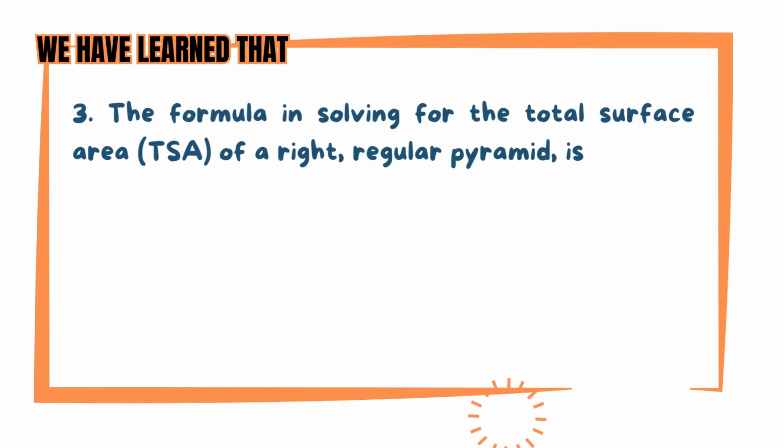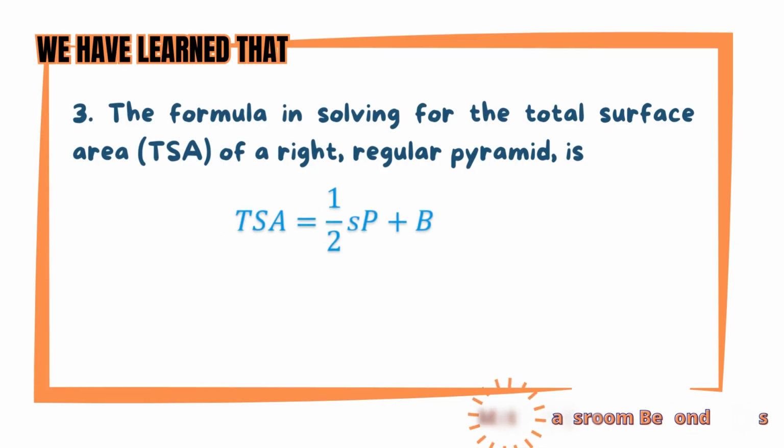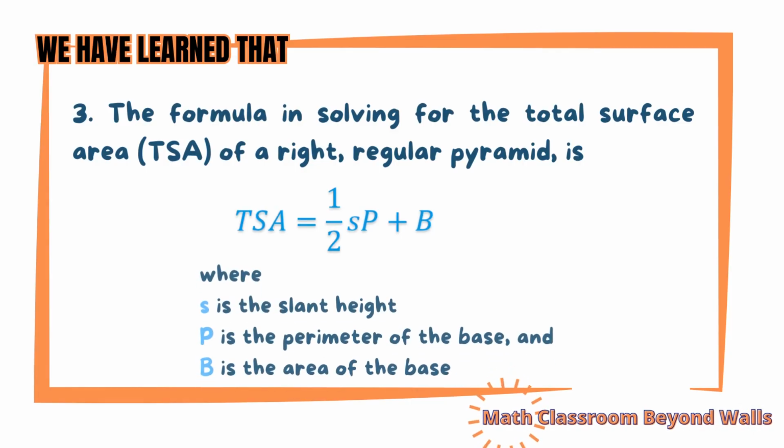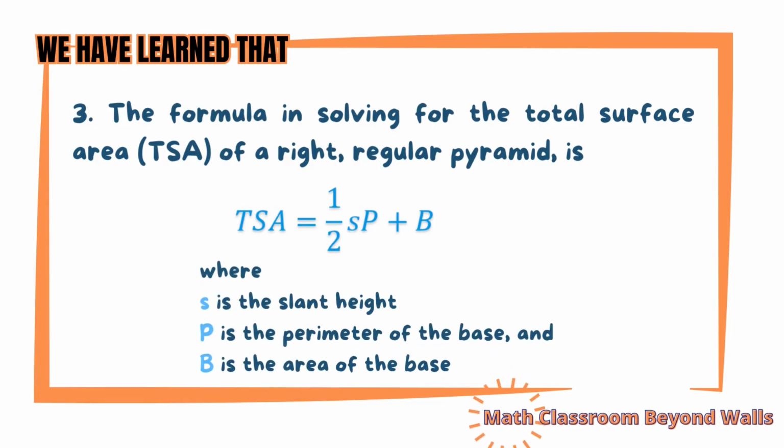Third, the formula in solving for the total surface area, TSA, of a right regular pyramid is 1/2 S times P plus B, where S is the slant height, P is the perimeter of the base, and B is the area of the base.